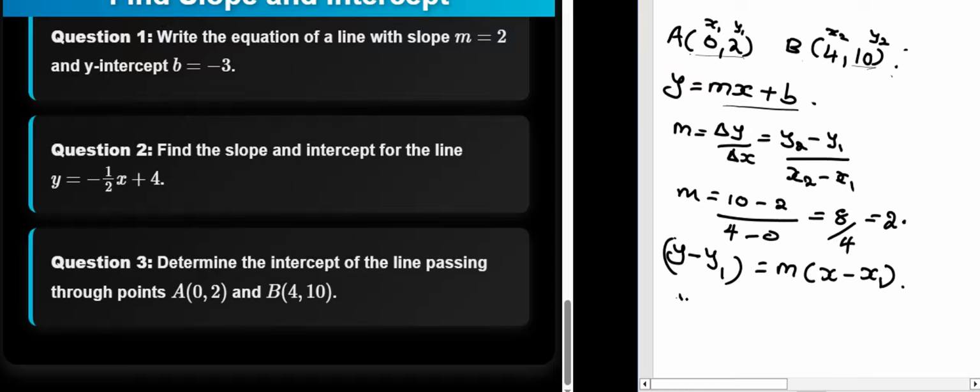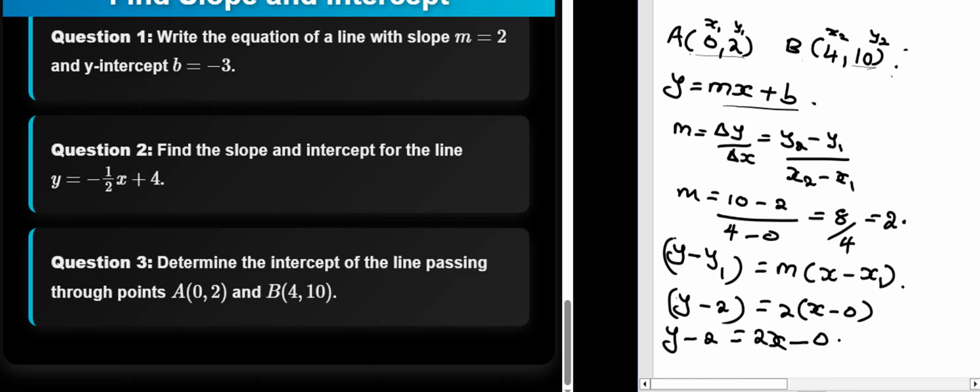We already know m is 2, and x1 is 0. So it becomes y minus 2 is equal to 2x, if I open brackets here, minus 2 times 0, which is 0.